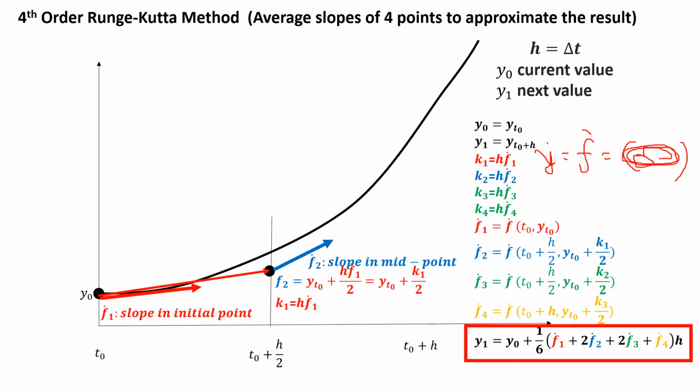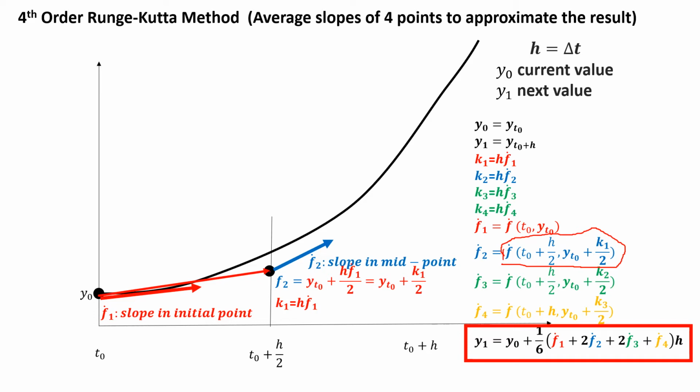Do you remember we have a governing equation like x dot equal to something? I just replaced x with y, no matter, you can understand. Because we have the first-order differential equation, we can get the slope at this point.